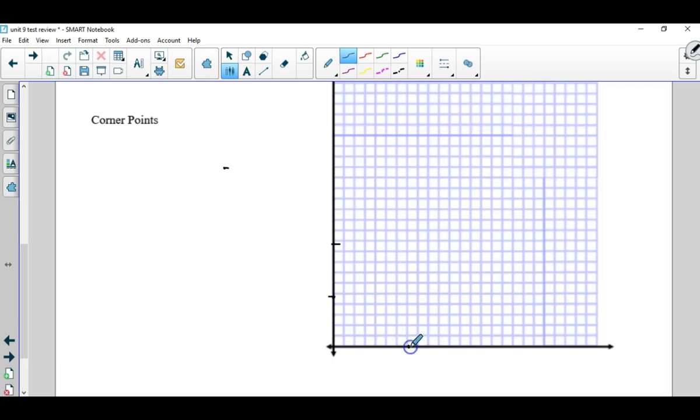Let's put it about there. 8, 9, 10, 11, 12, 13, 14. Put a dot there. So now I'm going to connect my points. And it's going to be this one and this one. And this one and that one. And believe it or not, it looks like they nicely intersect right here at 5, 3.